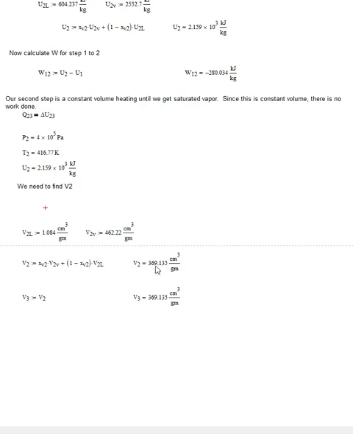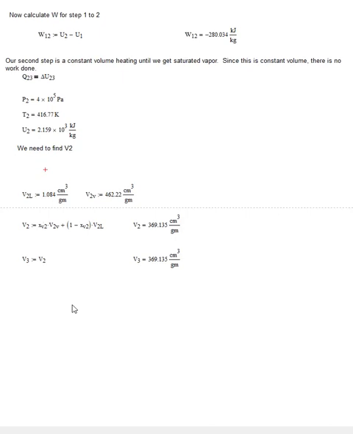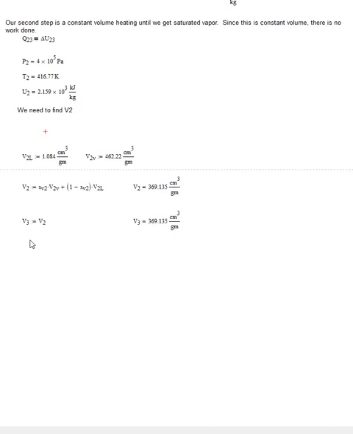So V2 is going to be a weighted average, 369.135 centimeters cubed per gram. I'm going to set that equal to V3. So I'm going from V2 to V3 where the volume stays constant.